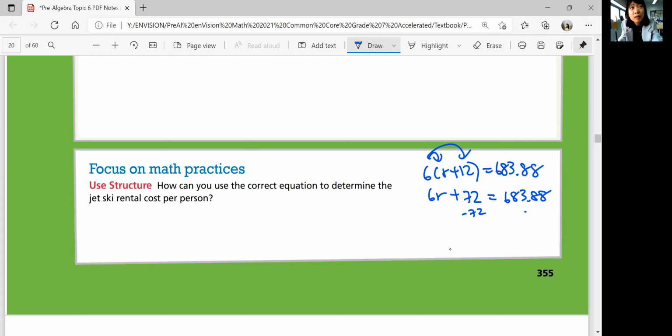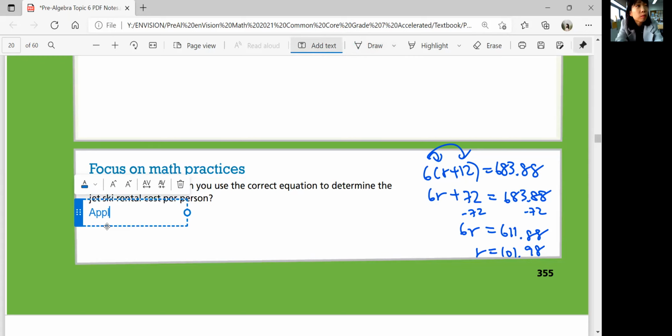So subtract 72 on both sides. 683.88 minus 72 is 611.88, and you divide it by 6 to get 101.98.